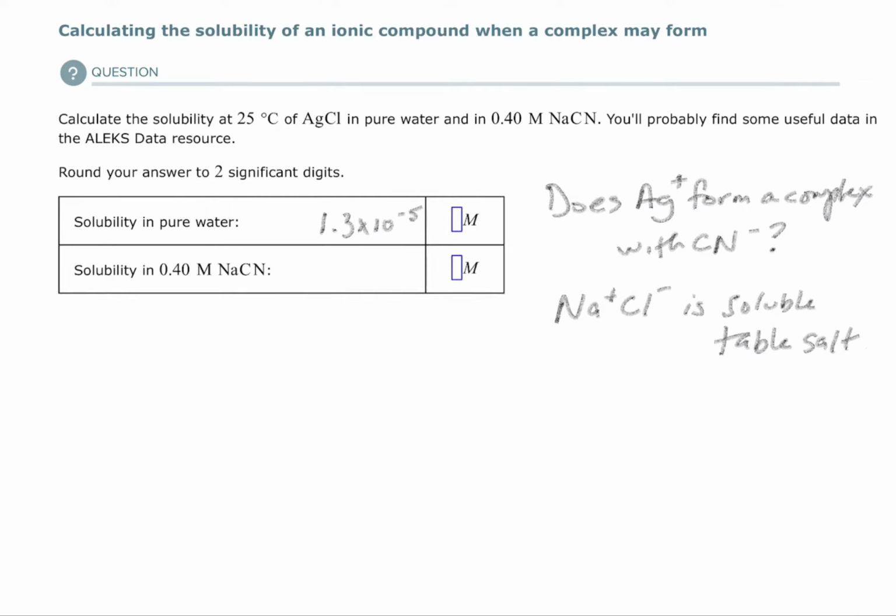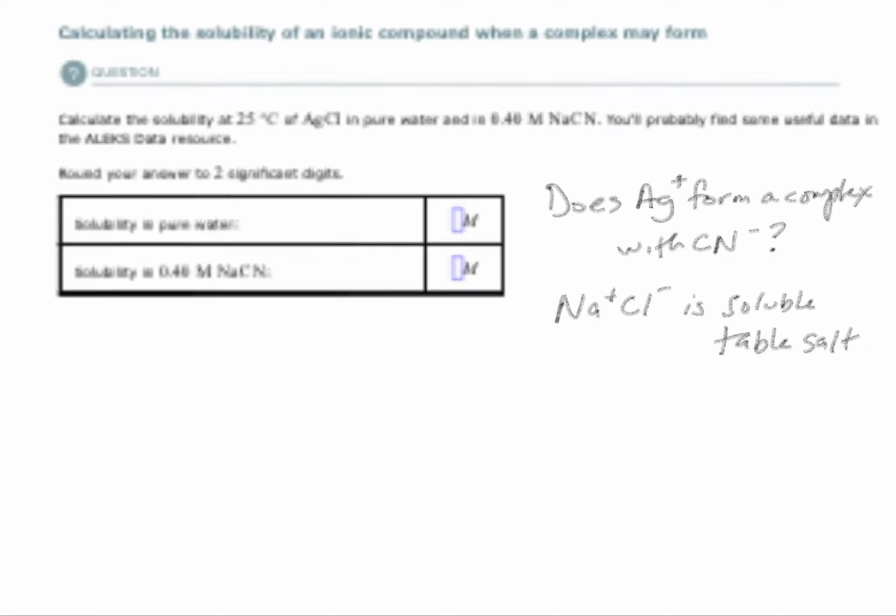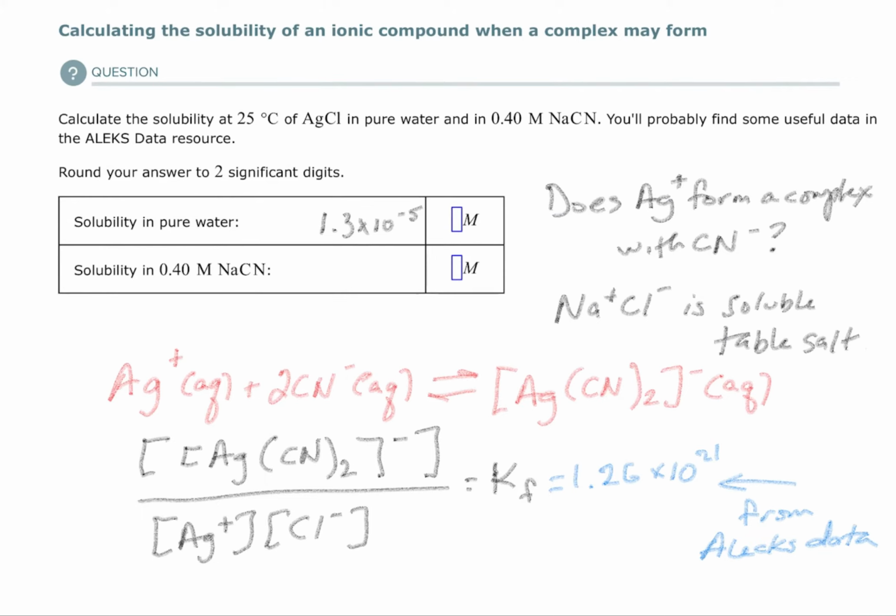I simply go to the data table in Aleks and look for silver making a complex with cyanide. There's a complex formation table. I looked it up and found that yes, you can make Ag(CN) subscript 2, and the whole thing is acting as an anion. That means I need two cyanide ions to make this, and the whole thing ends up negative.